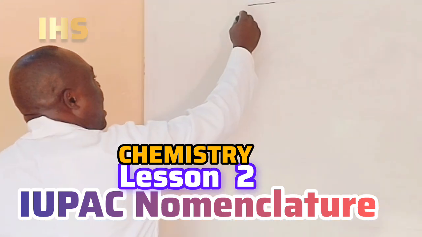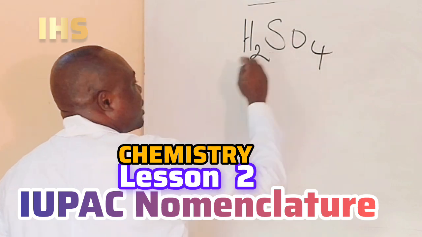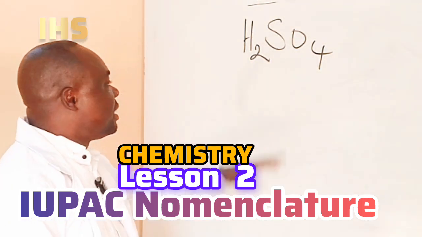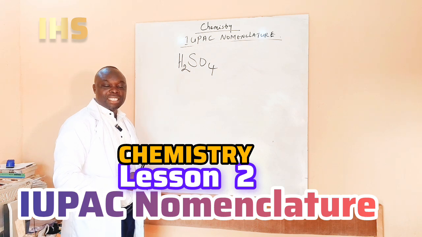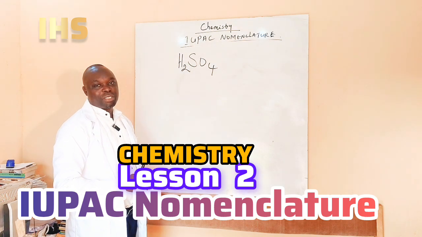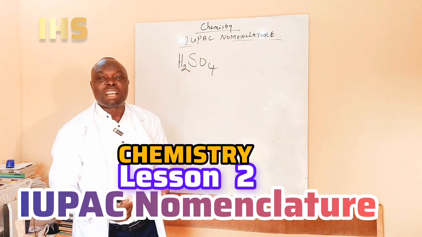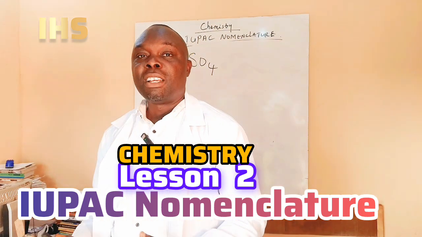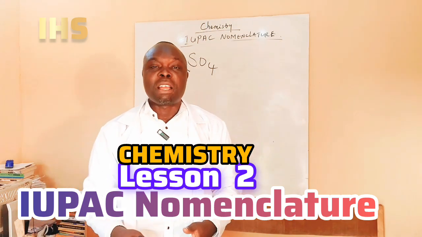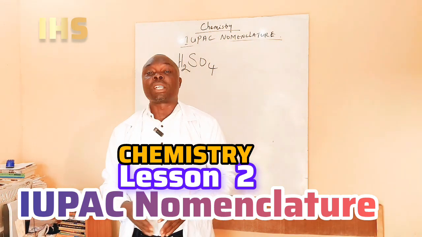If I have hydrogen combined with this, HSO4, you can see this is now a compound. Now we have to name this so that somebody in China, any person from Japan, somebody in Anambra, will understand what you are saying.